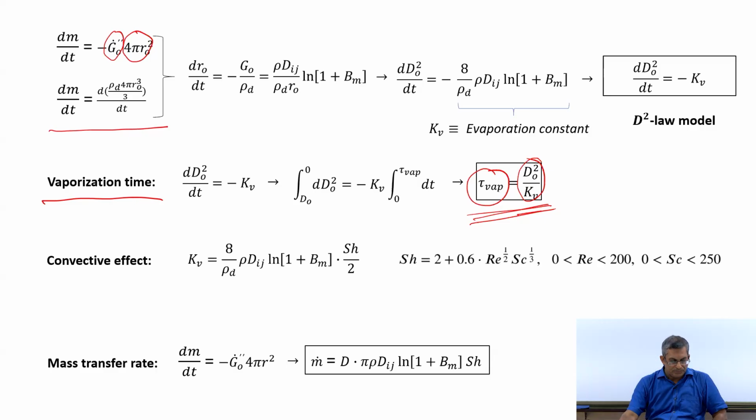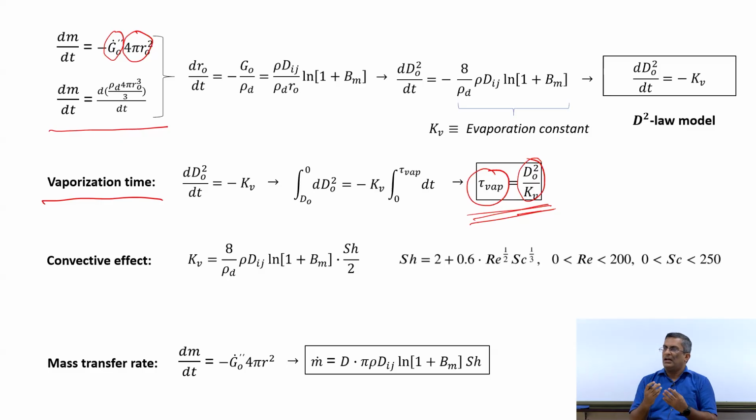Okay. Then, if you see, we have neglected any convective effect. We have made so many assumptions, but one of the key assumptions is that there is no convection around the droplet. However, we know that in all practical scenarios, we have some relative velocity between the particles and the carrier phase.